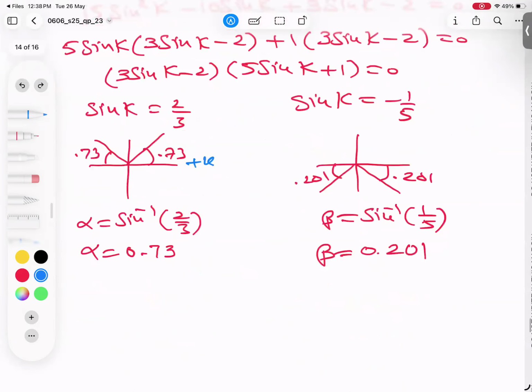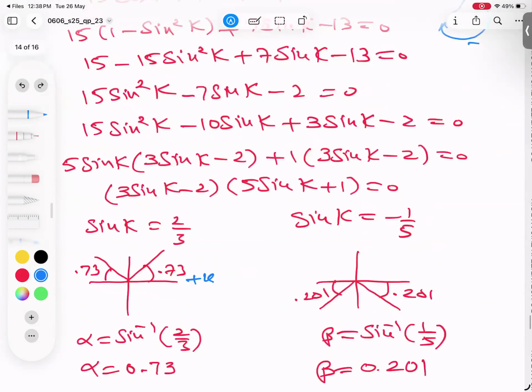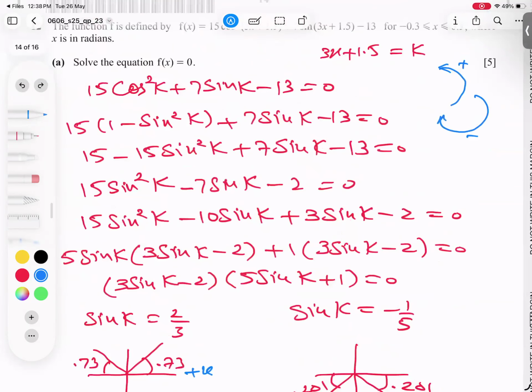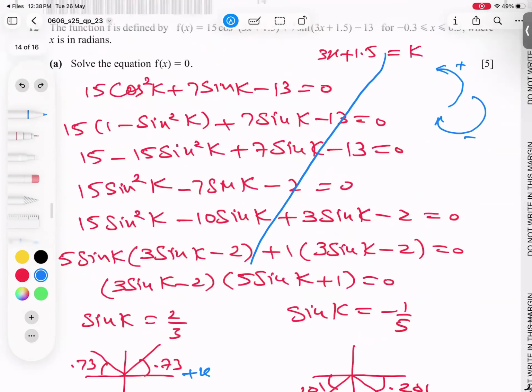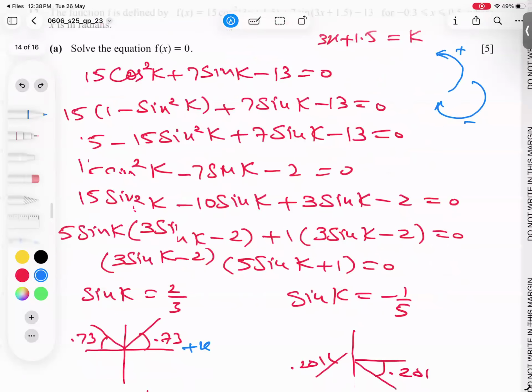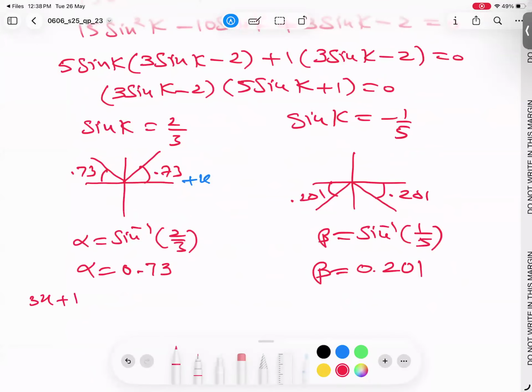So I bring back that value, 3x plus 1.5, is equal to the first answer, 0.73, and the second answer you can see is pi minus that. I think this part is very clear.